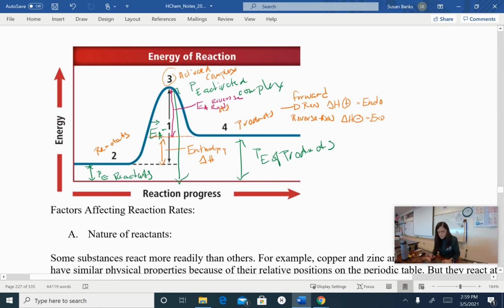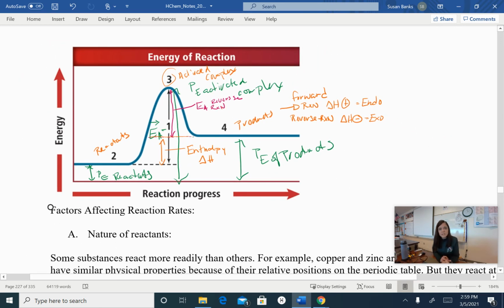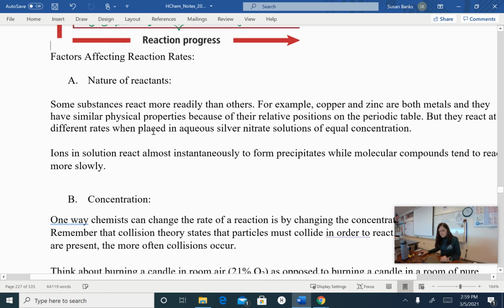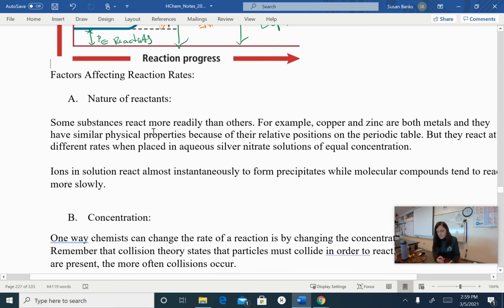Okay, so let's talk about some factors that affect the reaction rate. Like I can change how fast a reaction goes. I can slow it down, I can speed it up. Nature of the reactants. Some substances react more readily than others.